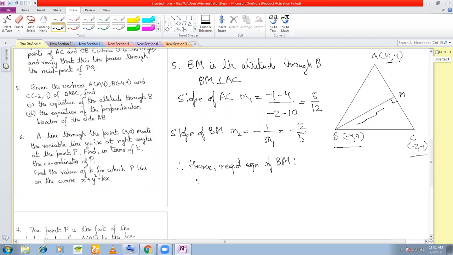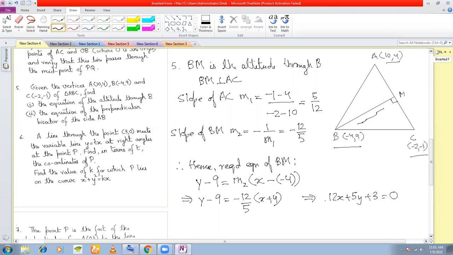So you will use the point-slope form. y minus y1 is equal to m2 times (x minus x1). That means you get y minus 9 is equal to -12 by 5 times (x plus 4). Right? And you can simplify this equation to be 12x plus 5y plus 3 is equal to 0.